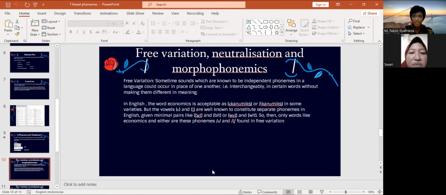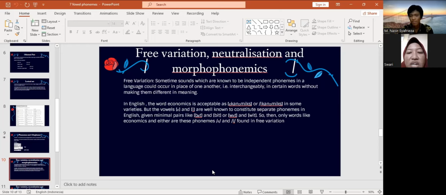In English, the word economics is acceptable as either pronunciation in some varieties, but the vowels A and E are well known to constitute separate phonemes in English, given minimal pairs like bat and bet, or wet and wheat.